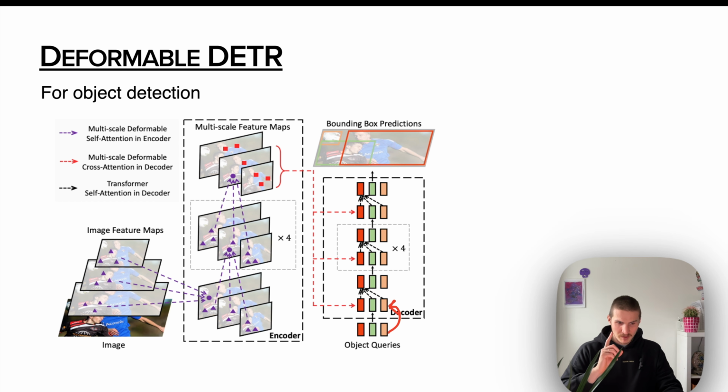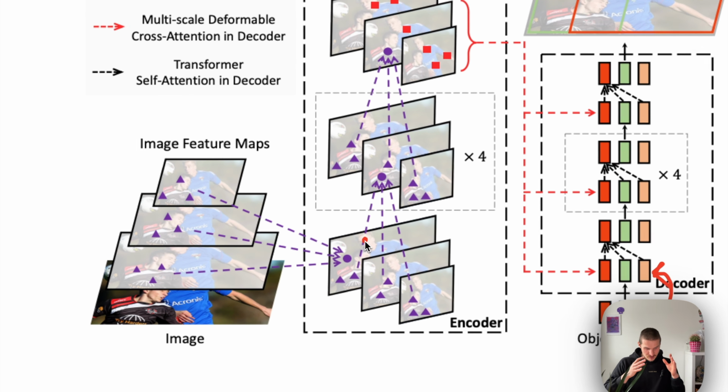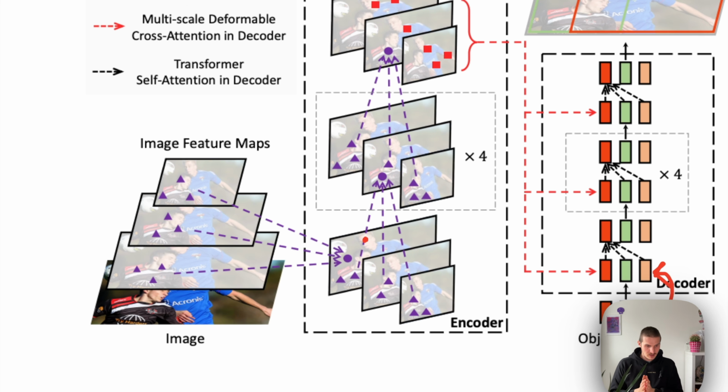So one important detail that we'll need to take a closer look at are the reference points. We've talked about the reference points in self-attention, and that's when, for calculating a certain sequence element in the output, we know which piece of the image this element corresponds to. For example, this element corresponds to the head of our football player.